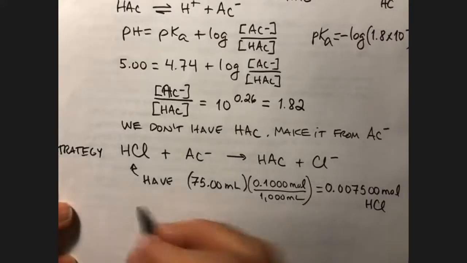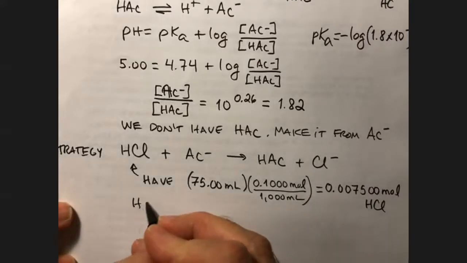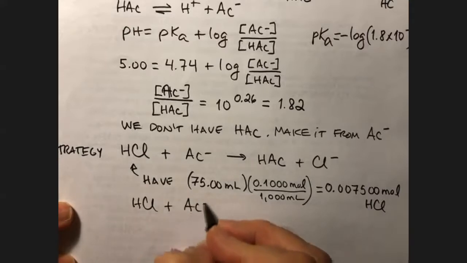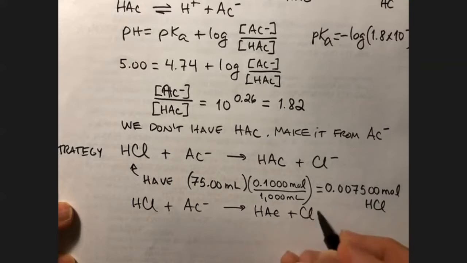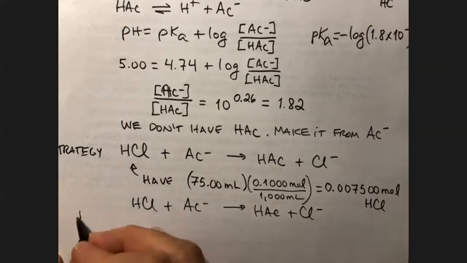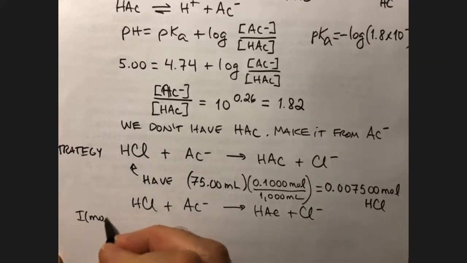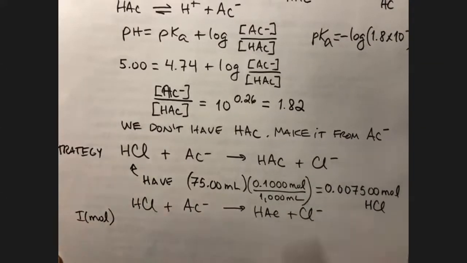Again, we're going to do our HCl plus acetate. I want to generate acetic acid and chloride ions. All right. So let's start out again like before. We're going to tackle moles in here. We said we have 0.00750 moles of HCl.